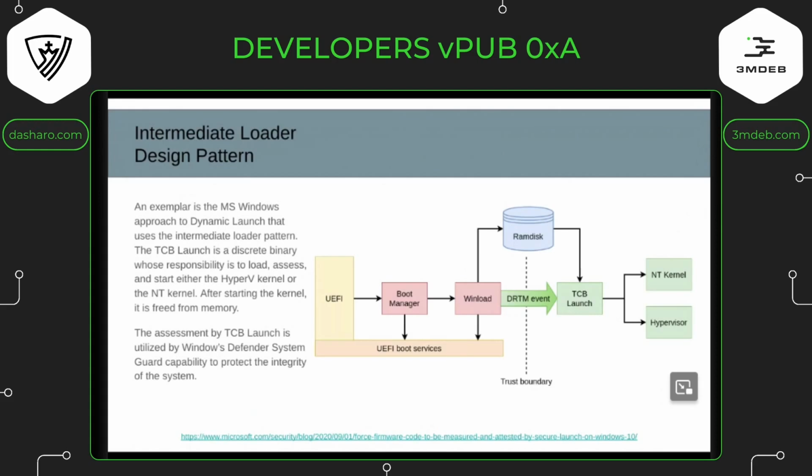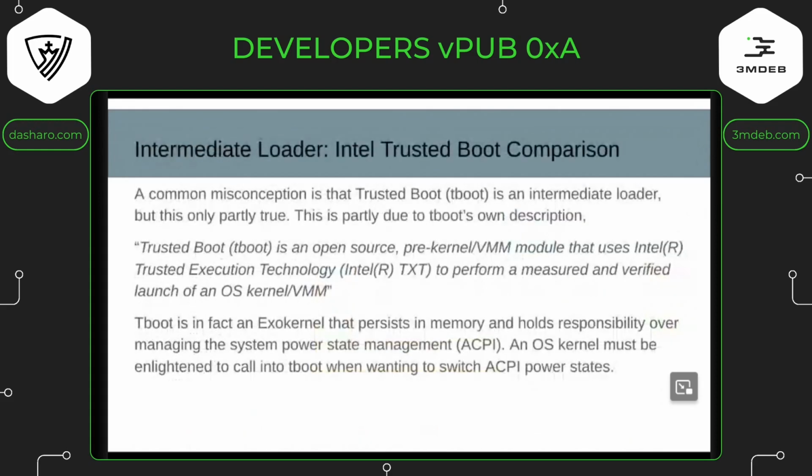Keeping with that design pattern, let me touch on the Trusted Boot, or T-Boot, as an intermediate loader, just as a stop here. A lot of people think that T-Boot is an intermediate loader, and that's only partly true. That derives from what they describe themselves as.